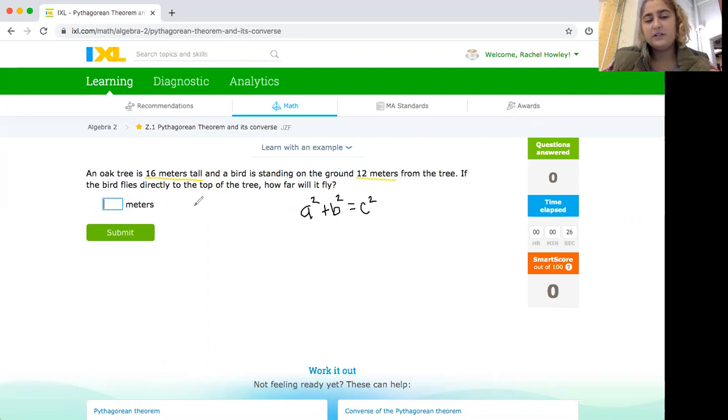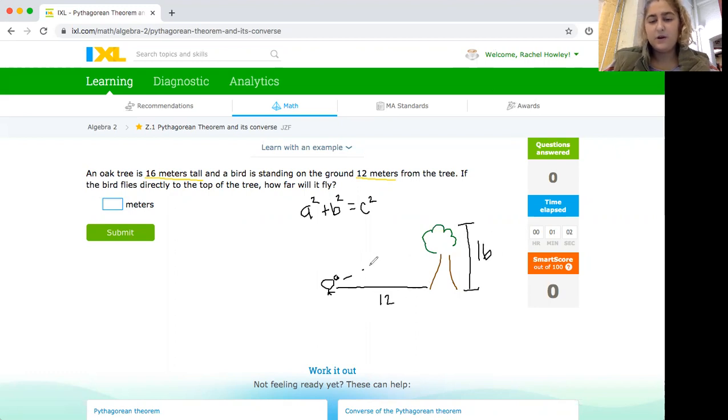If the bird flies directly to the top of the tree, how far will it fly? So if I draw this out, I have a tree, and I have a bird. The bird is 12 meters away, and the tree is 16 meters tall.